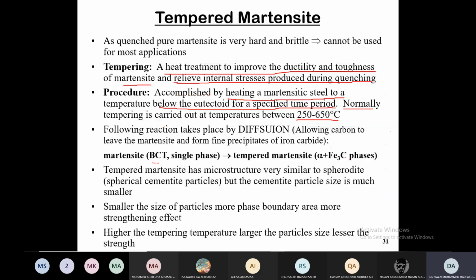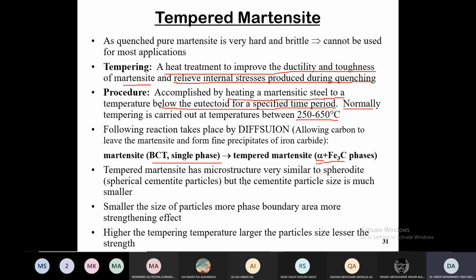Here, the BCT single phase is going to change. It will become a BCC crystal structure again, which is alpha, and the carbon atoms which are released form the compound, the cementite, in the material. So you again have this two-phase microstructure, like the pearlite, like the spheroidite, like the bainite as well.